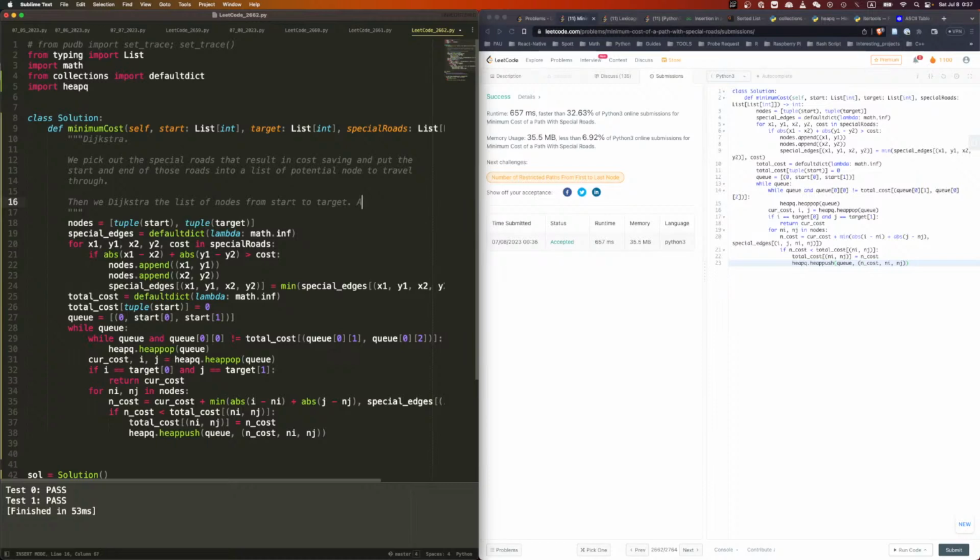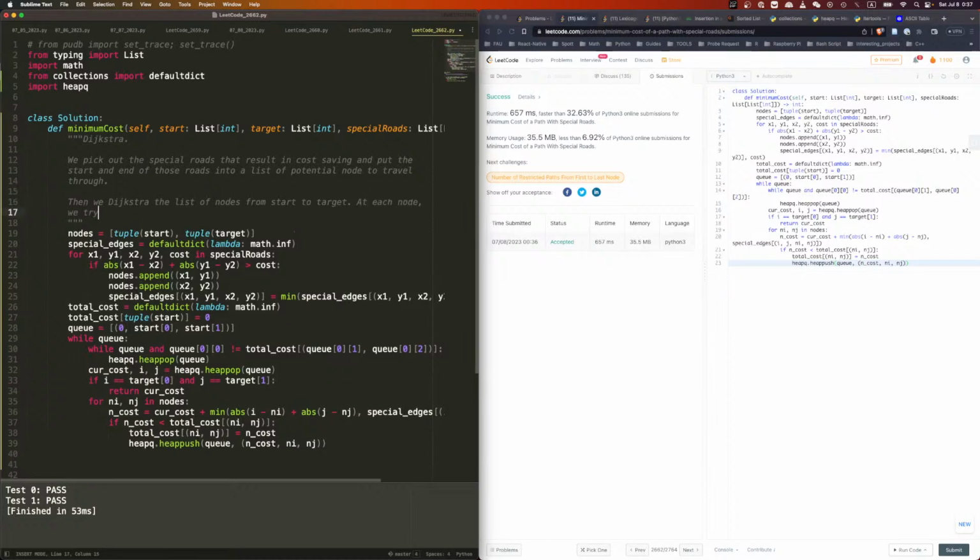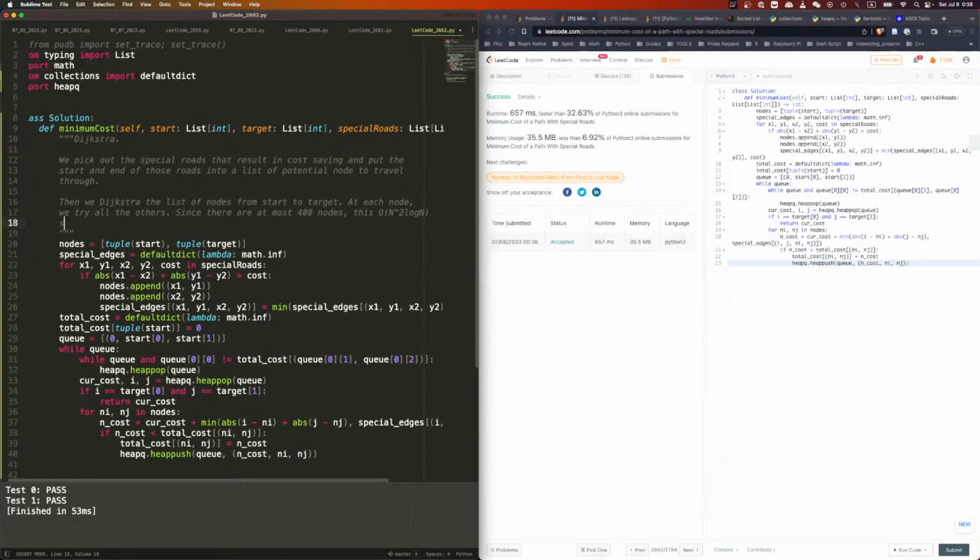At each node, we try all the others. Since there are at most 400 nodes, this O(n squared log n) solution will work. Try all the others until we hit the target for the first time.